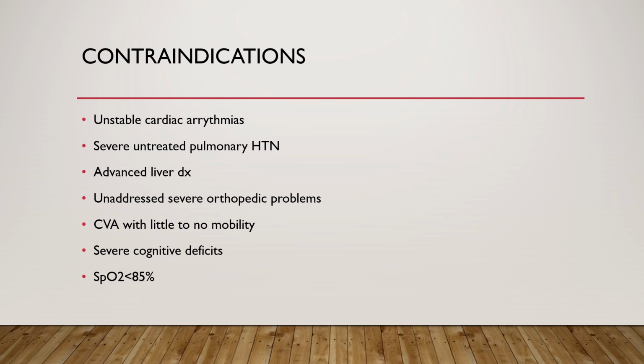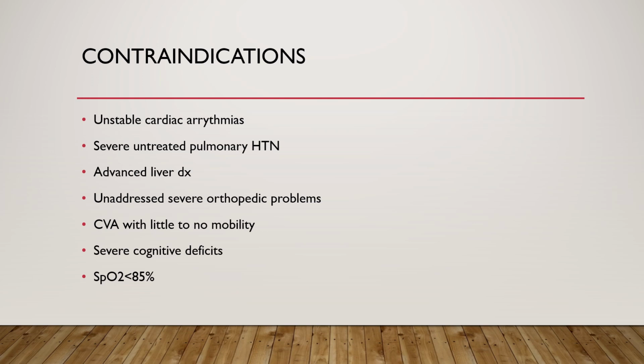Advanced liver diagnosis, that's going to, again, become part of the medical team's advice and what needs to happen, but liver function is going to be tied with kidney function and heart and lung function, and so we need to be mindful of somebody with advanced liver disease may have impacts on respiratory function but may not be appropriate for therapeutic intervention. Unaddressed severe orthopedic problems, and that's just tying back to, are they physically safe to get up and move and try to improve endurance and aerobic capacity.